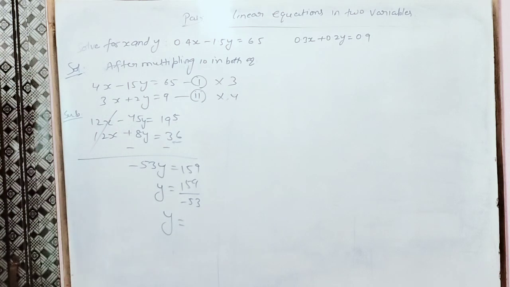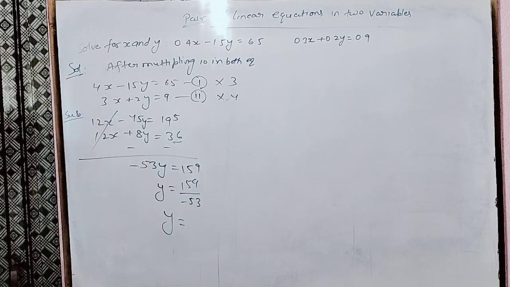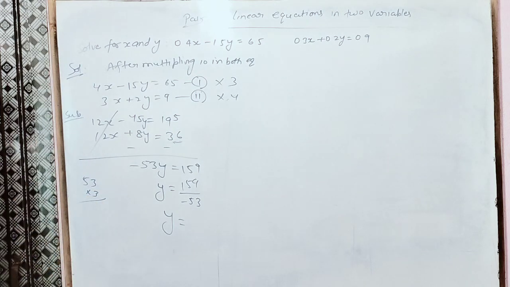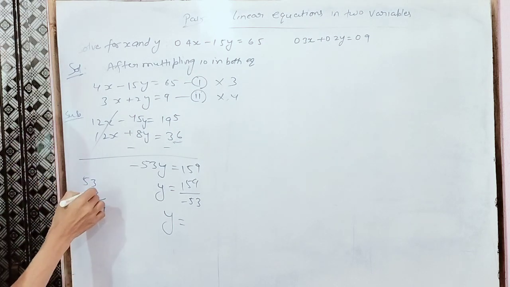After cancelling this out, so here 53 by 3. 3 3s are 9.